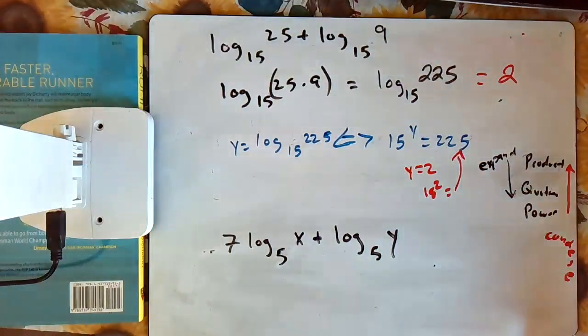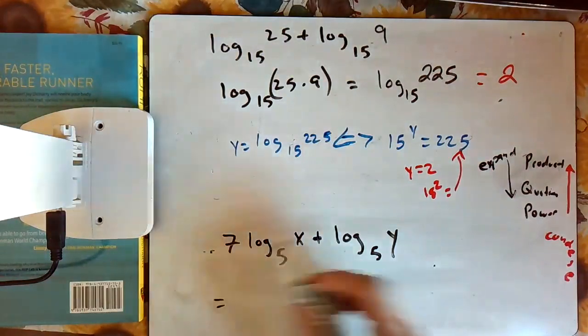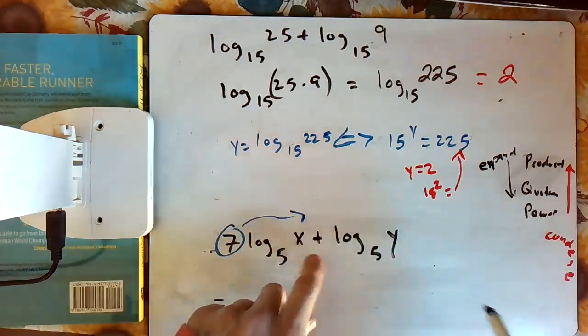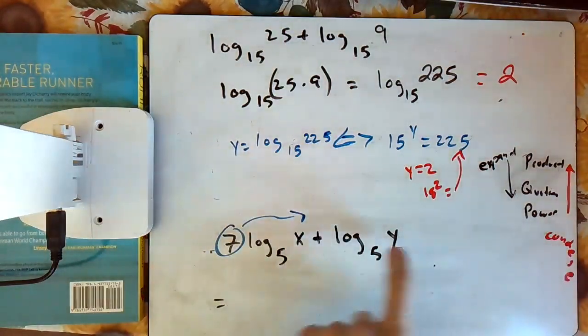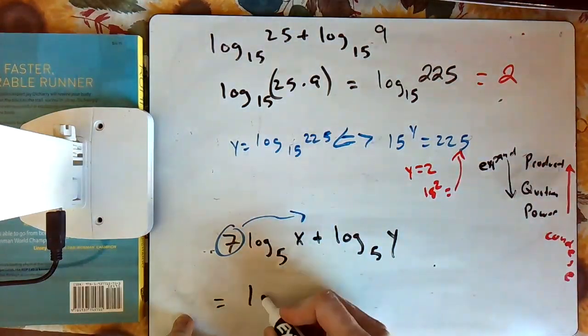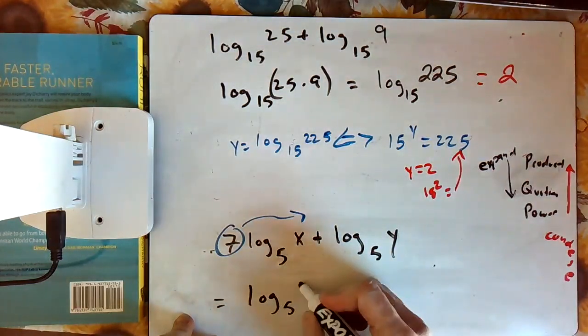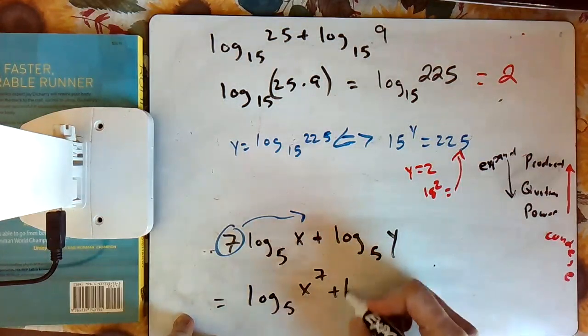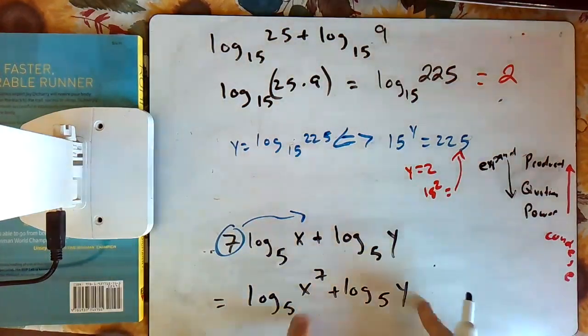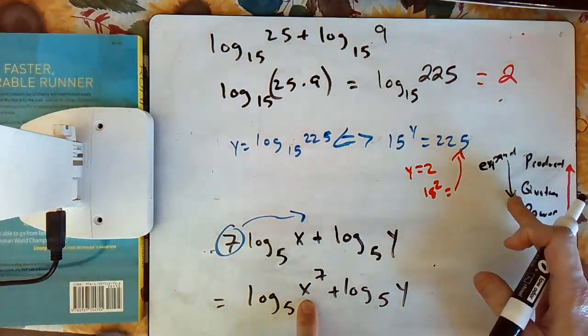So what do we need to do first? First, we're going to move this 7 back up next to the x, right? It's not being applied to the y because there's no 7 in front of this log. So this becomes log base 5 of x to the 7th plus log base 5 of y. That's the power rule taken care of. There's no quotient.